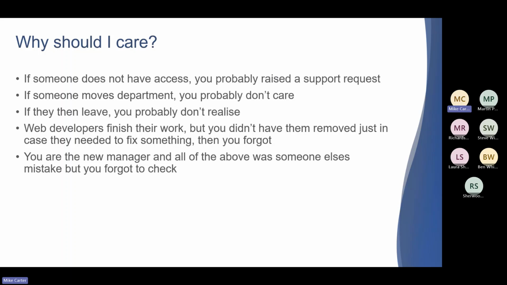Well, typically, if someone doesn't have access to a report that they need, you'll be straight onto us, because obviously they're not getting their work done, and that's an issue. But if someone has access to a report they no longer need, that's never quite so urgent a problem. So it always ends up on your list of things to ignore. But you should care about who has access to your reports.